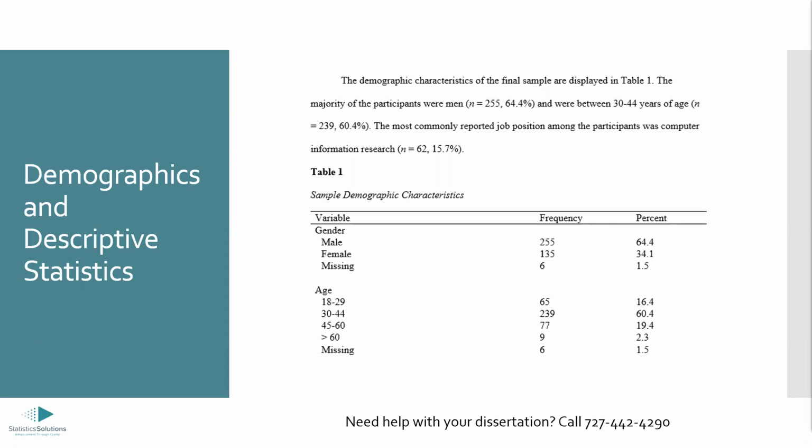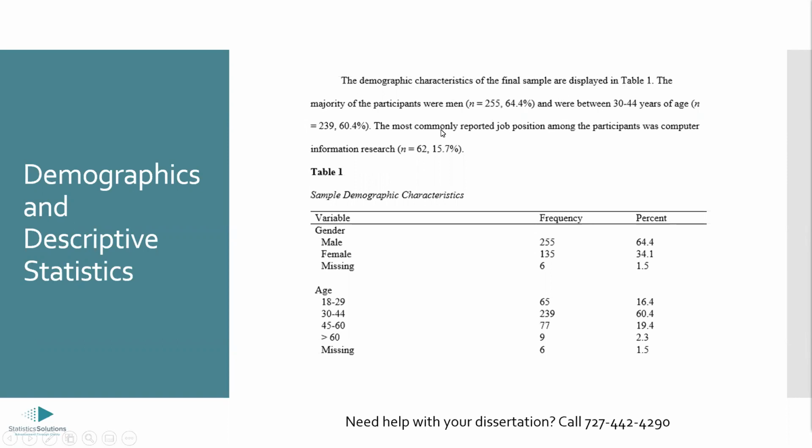And it's important to note that whenever you present a table in your results, you first of all want to reference that table in the text. So you never want to have a table in your results chapter that is not referred to in the text. So you see here, we have table 1 here, and we refer to table 1 in the text.